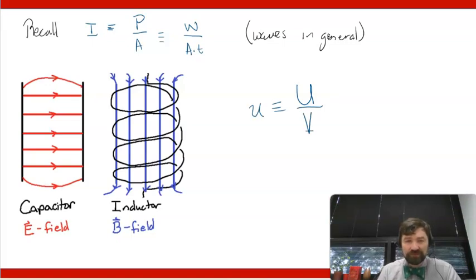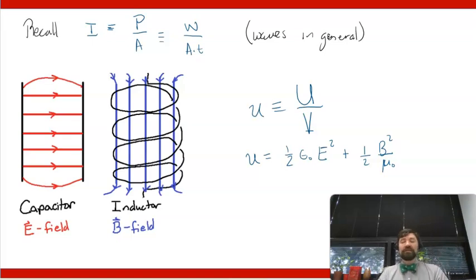And for the capacitor with an E field, you have 1/2 epsilon naught E squared. For the inductor, in the B field, you have 1/2 of B squared over mu naught. So that gives you your energy density.